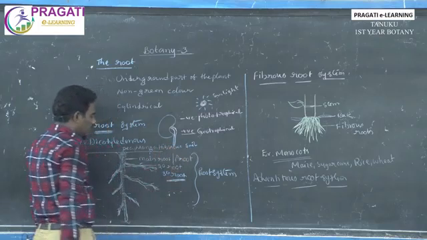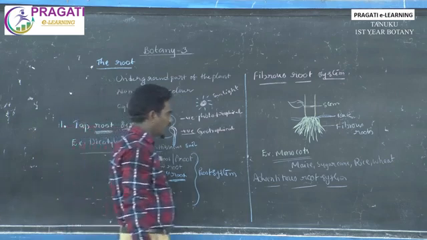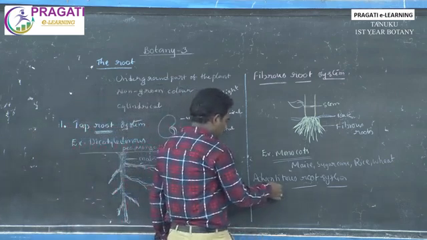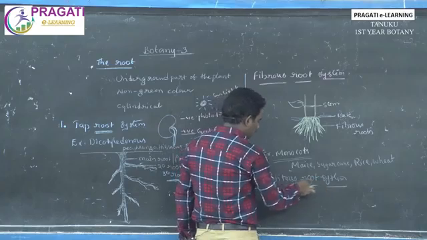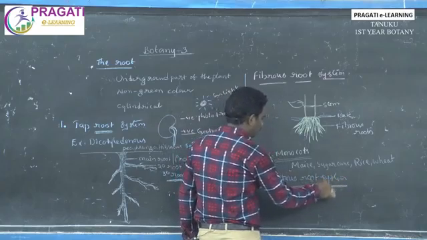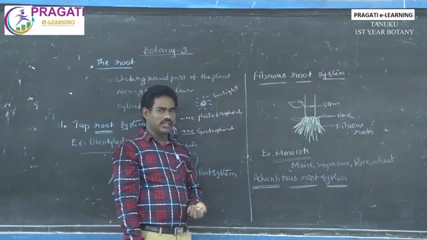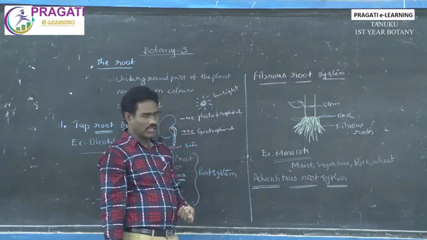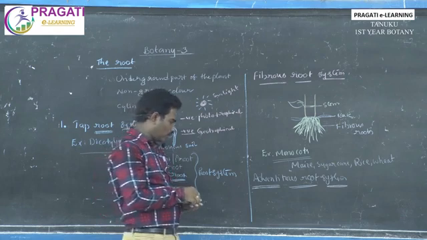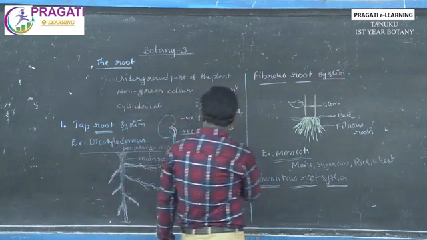These are all dicot plants. In the adventitious root system, the roots developed from parts other than the radicle are called the adventitious root system.